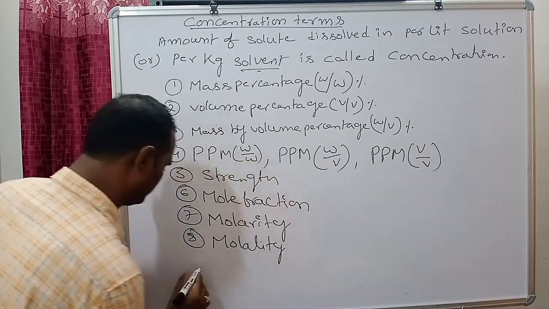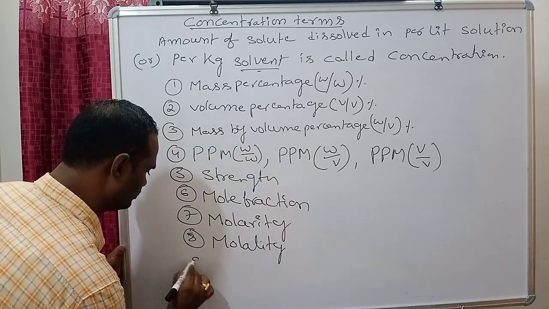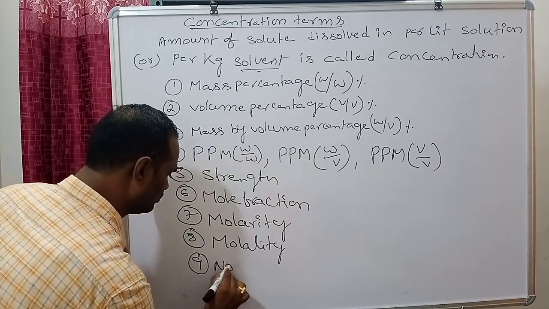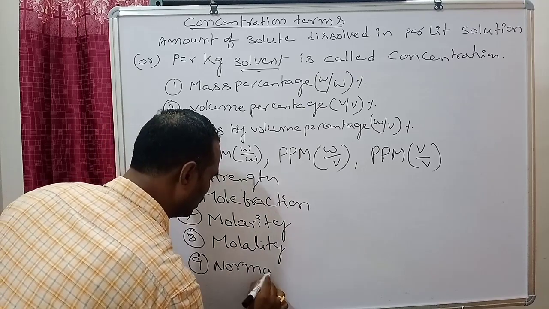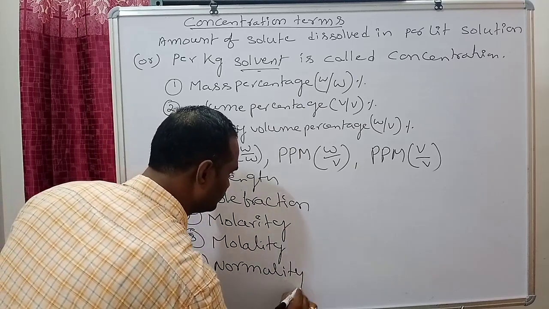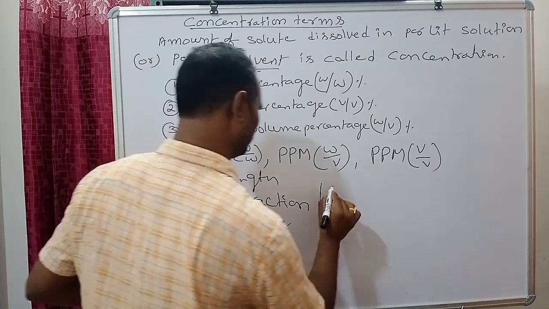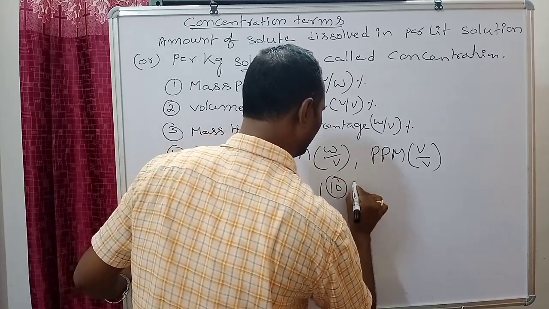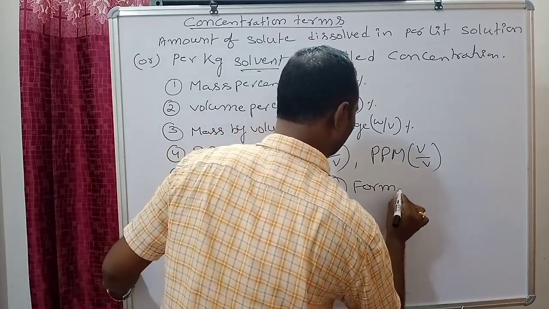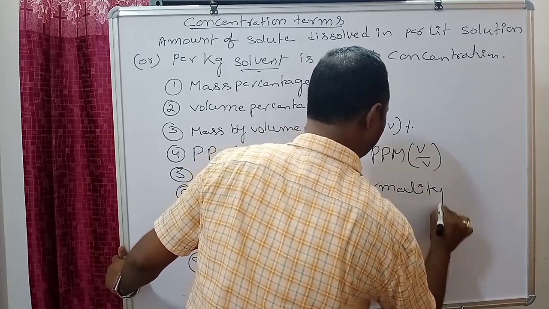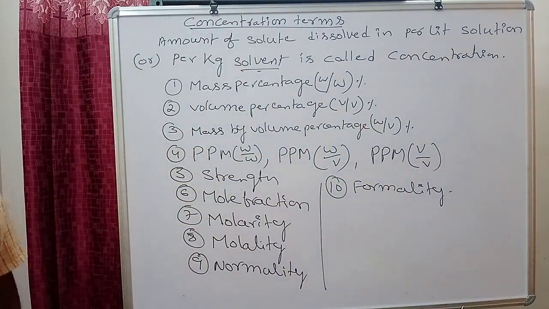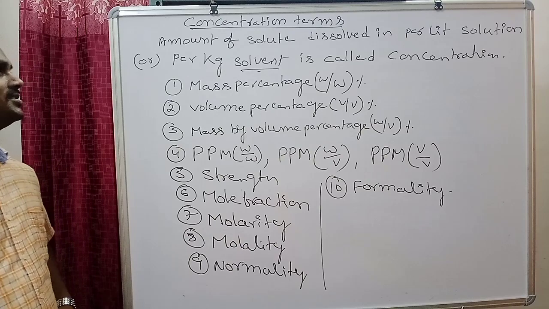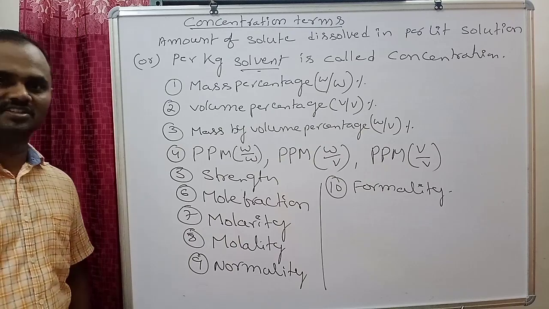Molality. Normality. Formality. These are the different methods we are using to express the concentration.